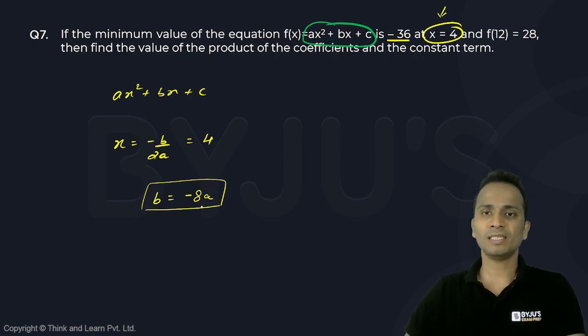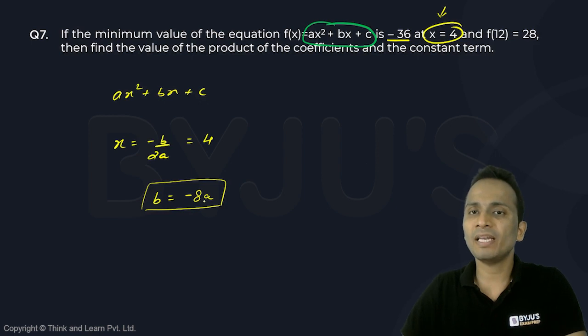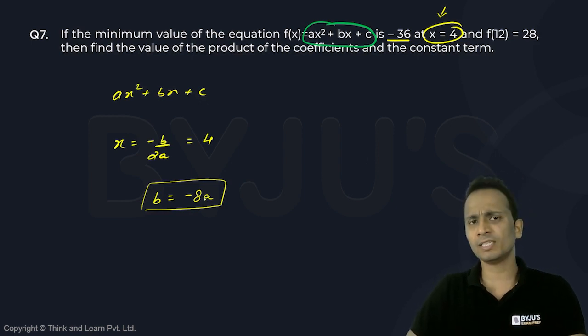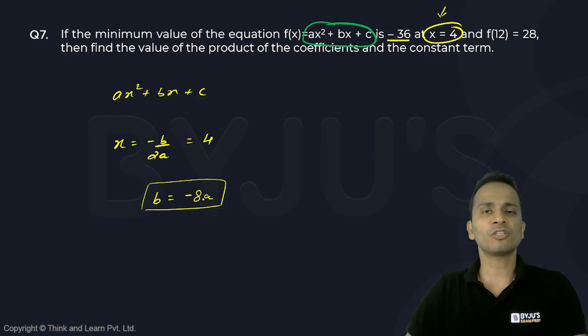Alright. Now, at x equal to 4, the value of the expression is minus 36. This is given. So, I'll substitute x equal to 4 in this expression and equate it to minus 36. Also, f of 12 is given as 28. So, that means when x is 12, the value of this expression is 28. From there, we'll get two more equations.